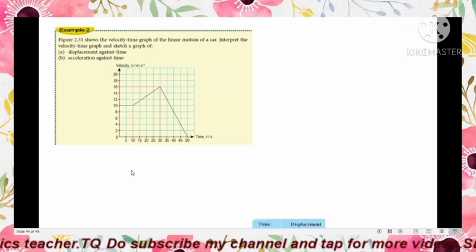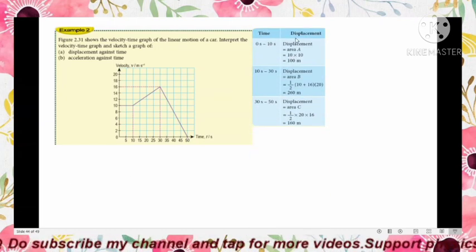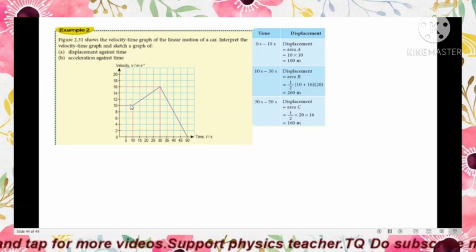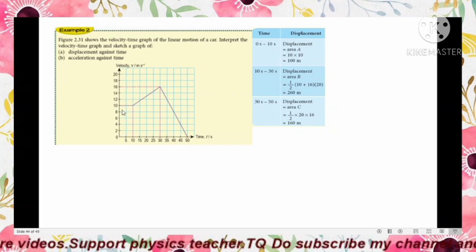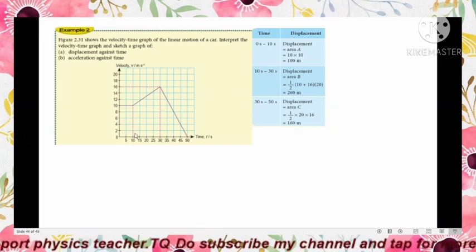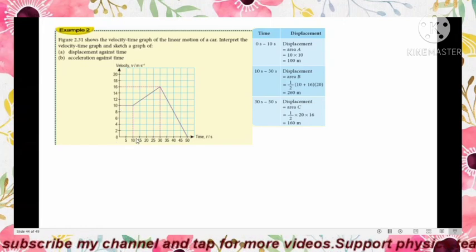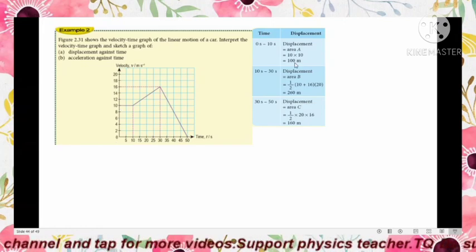Now we want to determine the displacement for the first part. From 0 to 10 seconds, you want to determine the area under this line. You just calculate the area of this rectangle. It's 10 times 10, so you get 100 meter.